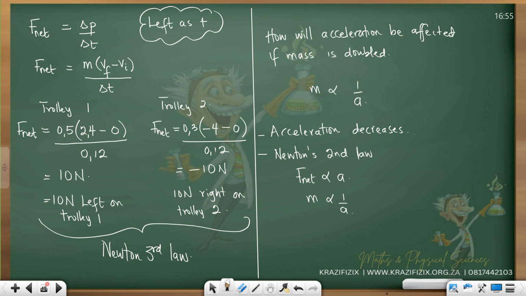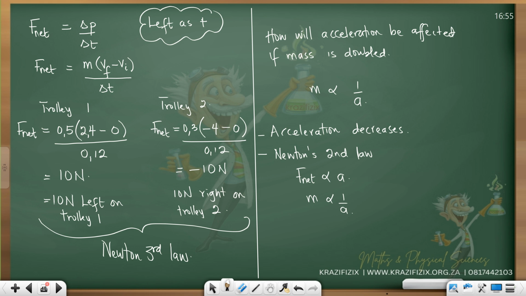What if you said inertia? Well, no, inertia would be wrong because inertia is the property of an object. Okay, we can kind of accept it, but I'd love you to use the laws.